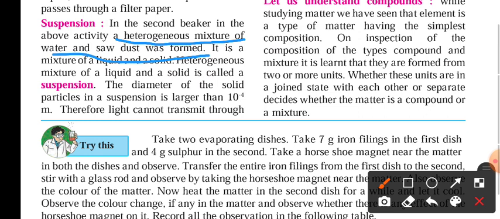So this kind of mixture is called a heterogeneous mixture, where we can make a difference between sawdust and water. When we talk about suspension, another important part is that the diameter of the solid particles in the suspension is larger than 10 raised to minus 4 meter. It means if the dimension of the solute is more than 10 raised to minus 4, only then it will be called a suspension. Otherwise, it will be called some other type of mixture.